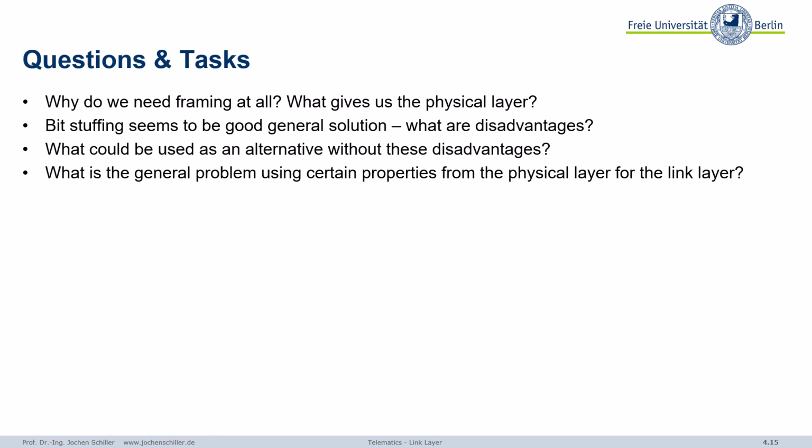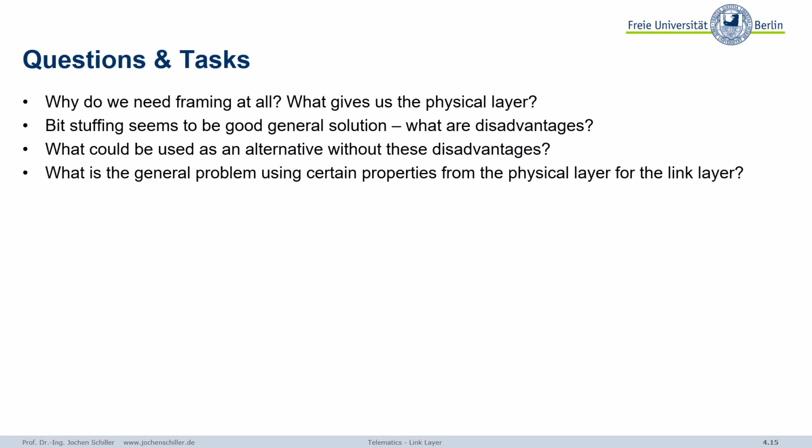So coming to some simple questions. Why do we need this framing? Why can't we just say, okay, this is the user data? Why do we need this? And what can the physical layer give us for this? What happens if the physical layer doesn't give us anything? And what is the problem if we have these indications from the physical layer? So maybe we need some more general solution.